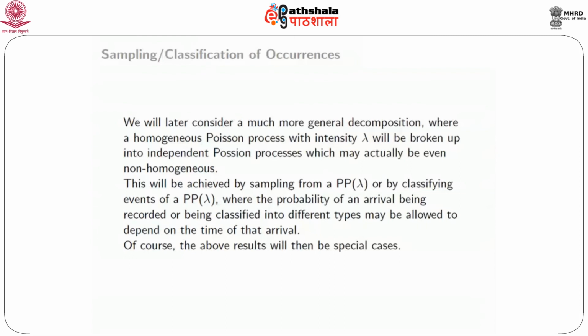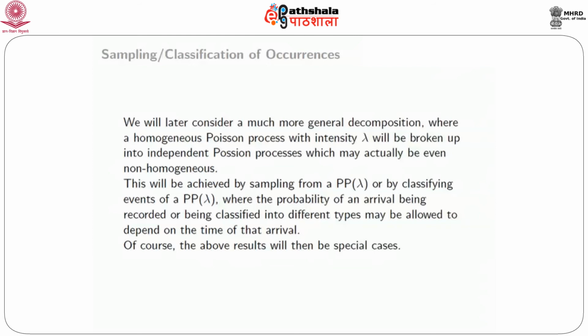But later on we will see this general decomposition, where the component processes into which the homogeneous Poisson process is being decomposed may sometimes be non-homogeneous. This will be achieved by sampling from a homogeneous Poisson process with rate lambda, or by classifying events of a Poisson process with rate lambda, where, unlike what we assumed just now, the probability of an arrival being recorded or classified into different types may be allowed to depend on the time of that arrival.